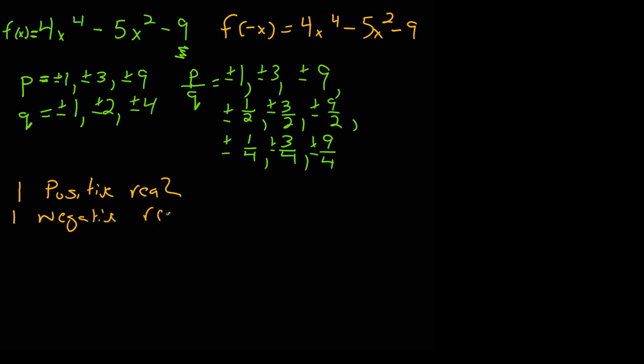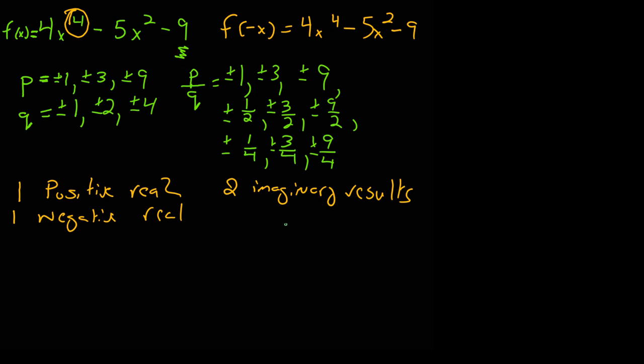Now these count down by twos. So I have one positive real and one negative real. But this is a degree 4. So I also have 2 imaginary results. So in looking at this, I kind of know where my answer is going. I have to get 2 imaginary numbers and 1 positive real and 1 negative real.